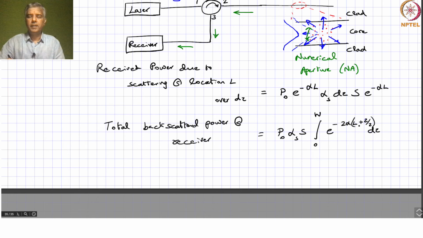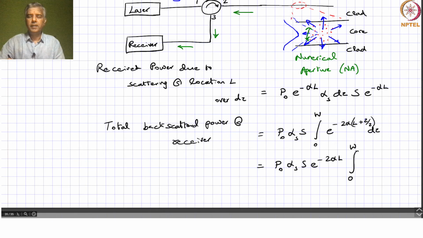And of course when we look at that we say e power minus 2 alpha L, you can take that out, and so you have alpha S e power minus 2 alpha L, integral 0 to W of e power minus alpha Z dz.